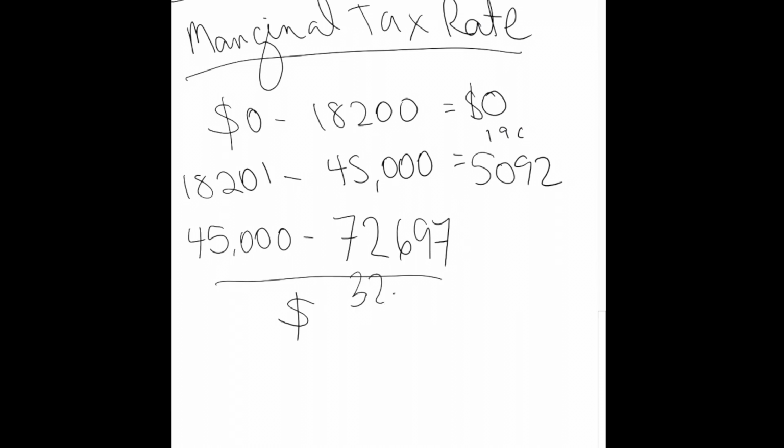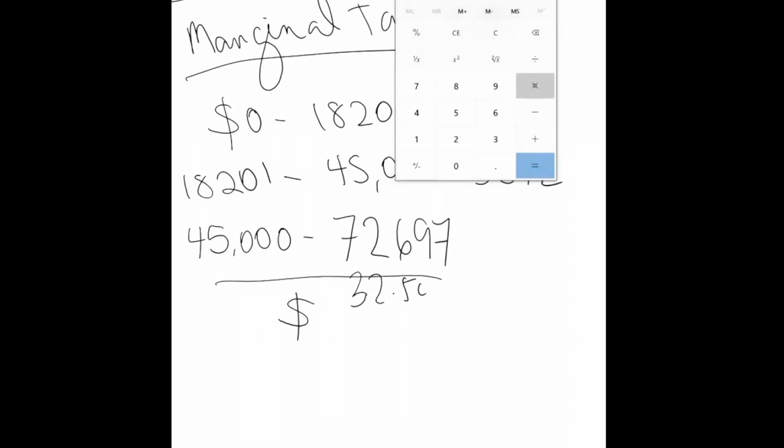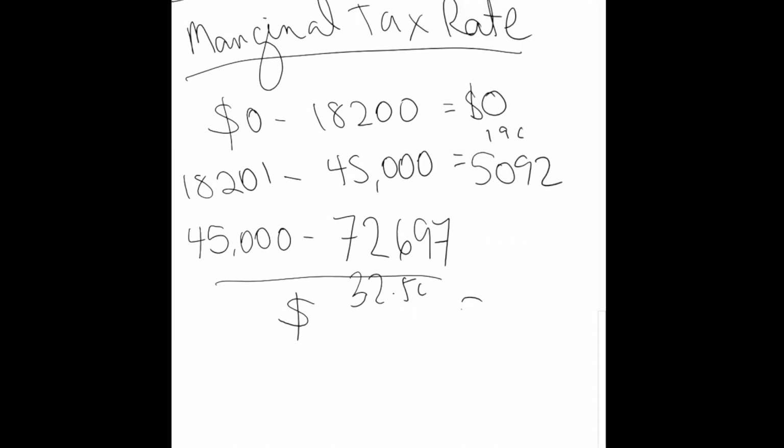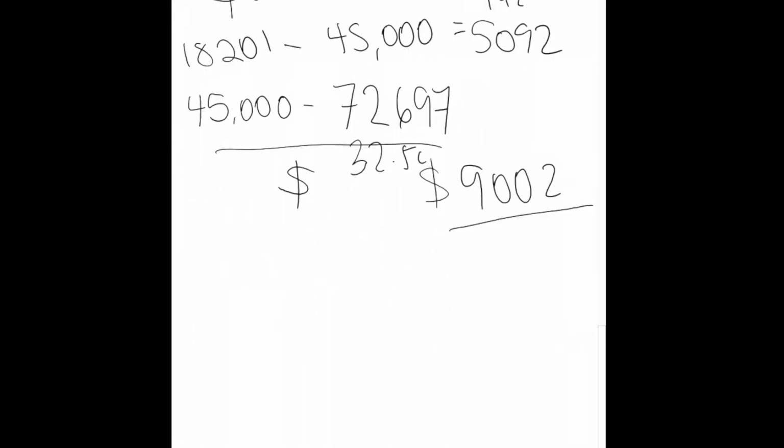So that $27,696, we times that by 32.5 cents, meaning the tax we pay in that bracket is $9,002. These are approximates.